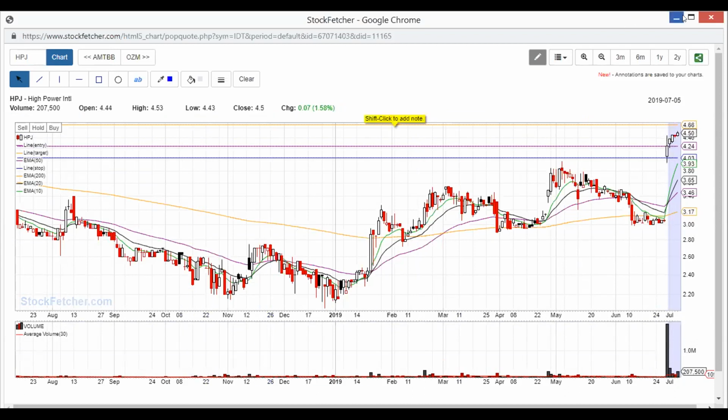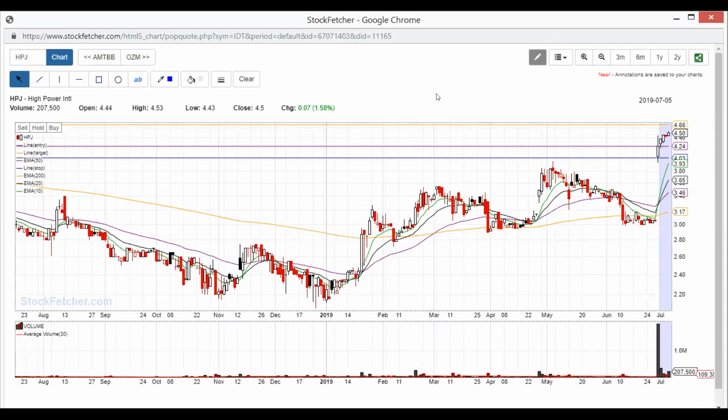Okay. Let me minimize this. Where is my, oh, what did I do? You stopped sharing. I stopped sharing, yeah. Okay, let me just open my sec.gov and we are looking for HPJ.